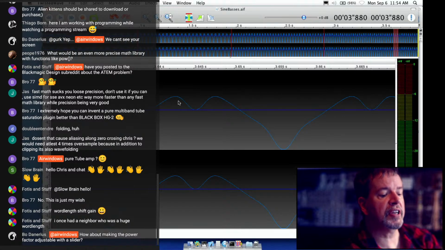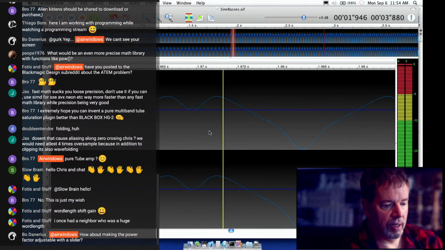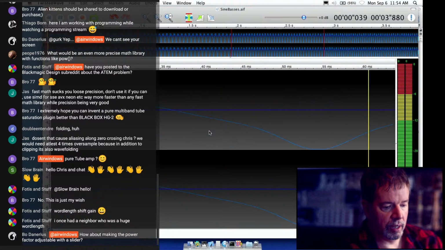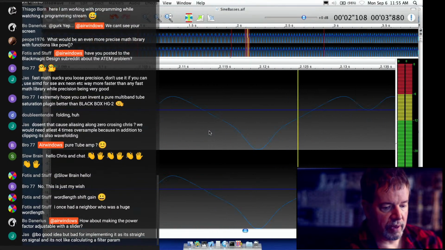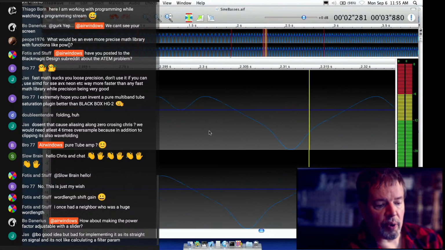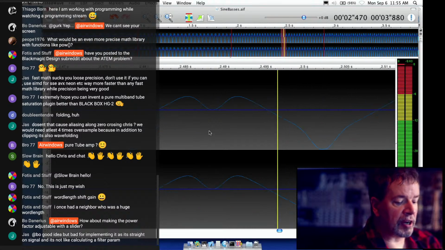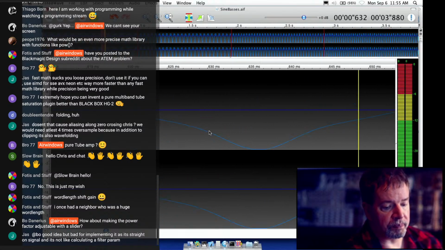And that gives us a funny sort of little wavefold where this edge is, this is no longer an even frequency. It's no longer quite the out of phase second harmonic that it would otherwise generate.